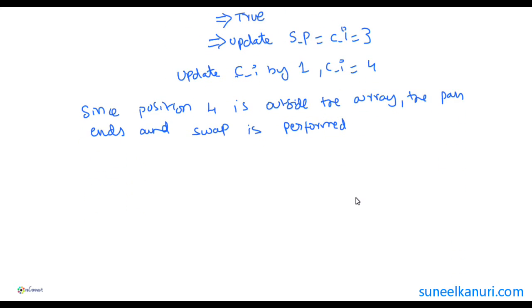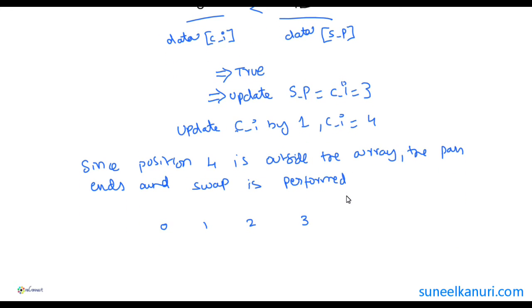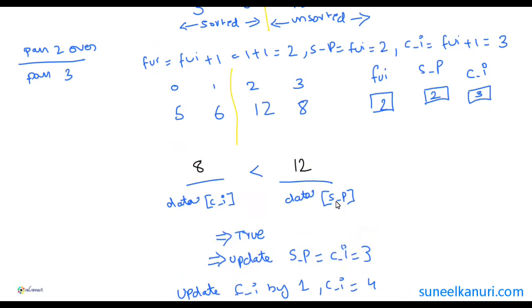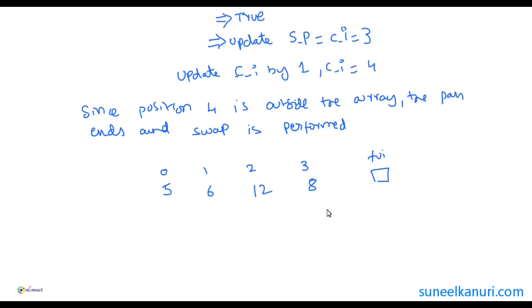And so that brings us to what are we going to swap. So 0, 1, 2, 3, you have seen this before, but I'm going to write it down anyway. 5, 6, 12, 8, and our FUI is what? Our FUI, first unsorted index, is 2.